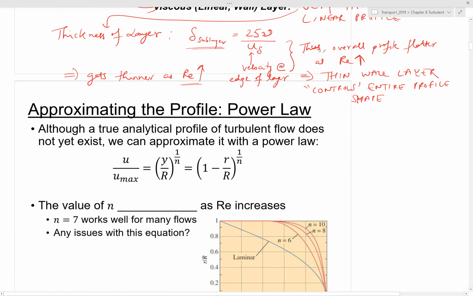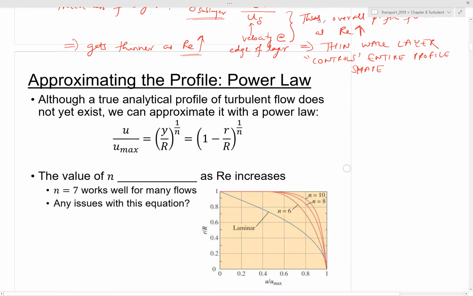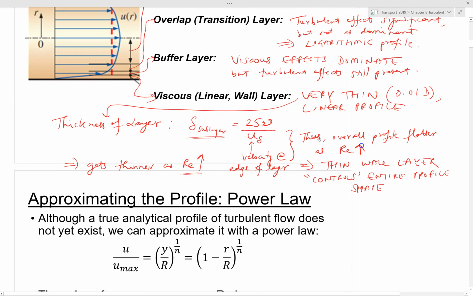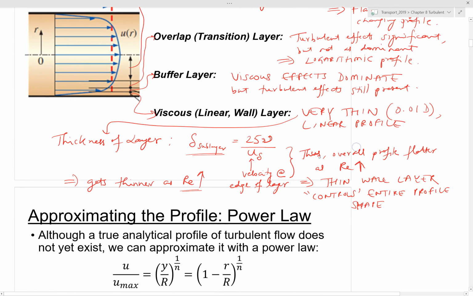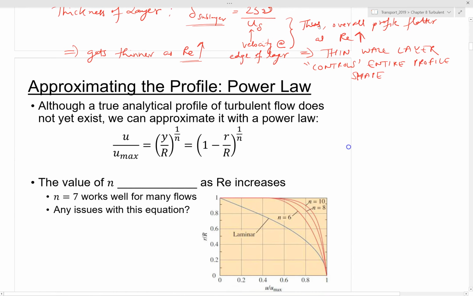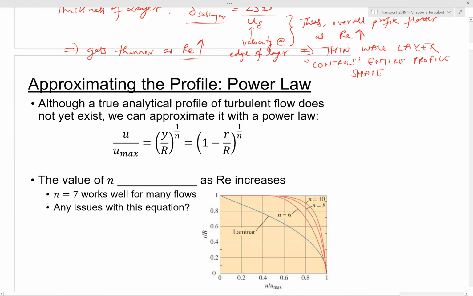Okay, so approximating the profile, as you can see, this is not an easy thing to really capture using an analytical form. That's why you have an approximate expression using a power law. U over U max equals (y over R) to the power 1 over n, where y here is capital R minus small r, which is the distance from the wall.